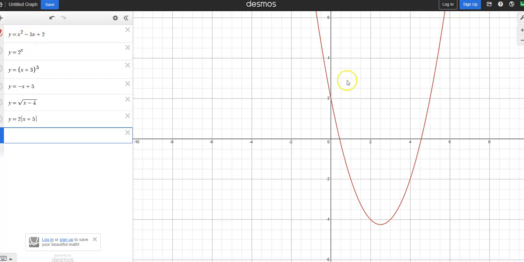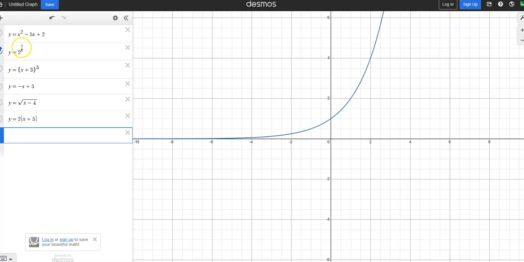And whenever we get this x squared, we're going to get this U shape here. For this second one, it's all about where the x is. The x is now the exponent. So we're going to get this really flat line that's going to grow and then grow really fast. So that's what the x is, an exponent.